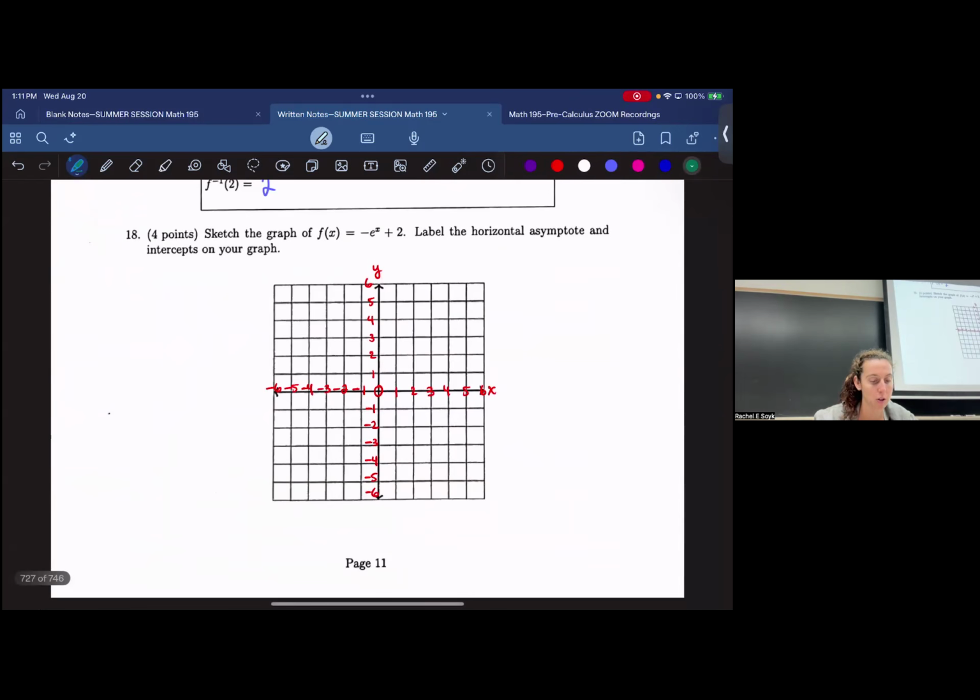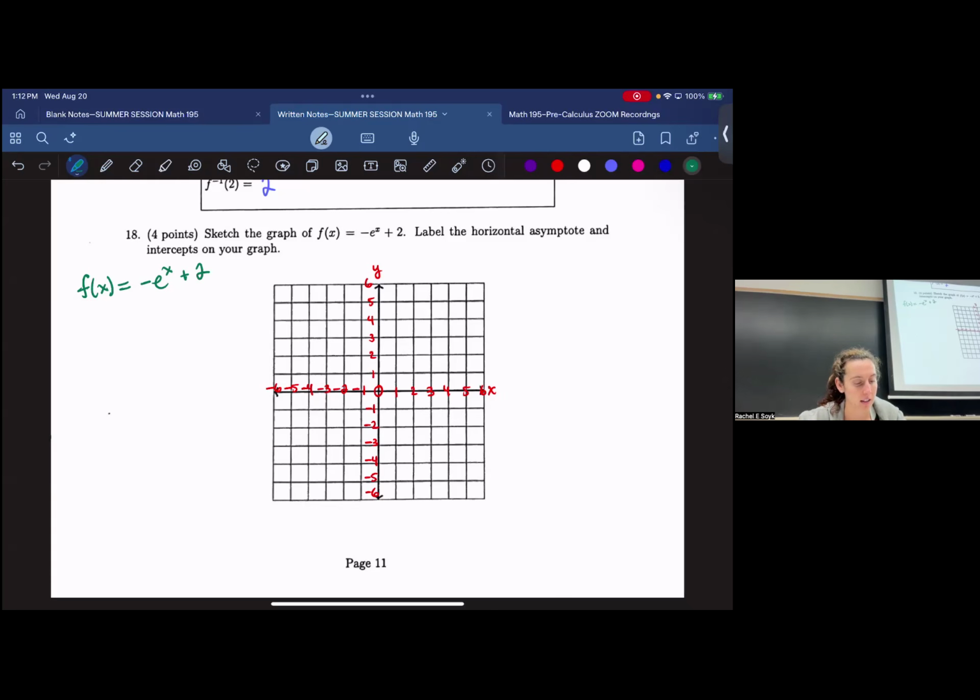We're asked to sketch the graph of negative e to the x plus 2, and then label the horizontal asymptote and intercepts on your graph. So that negative e to the x tells us we have a reflection over what?